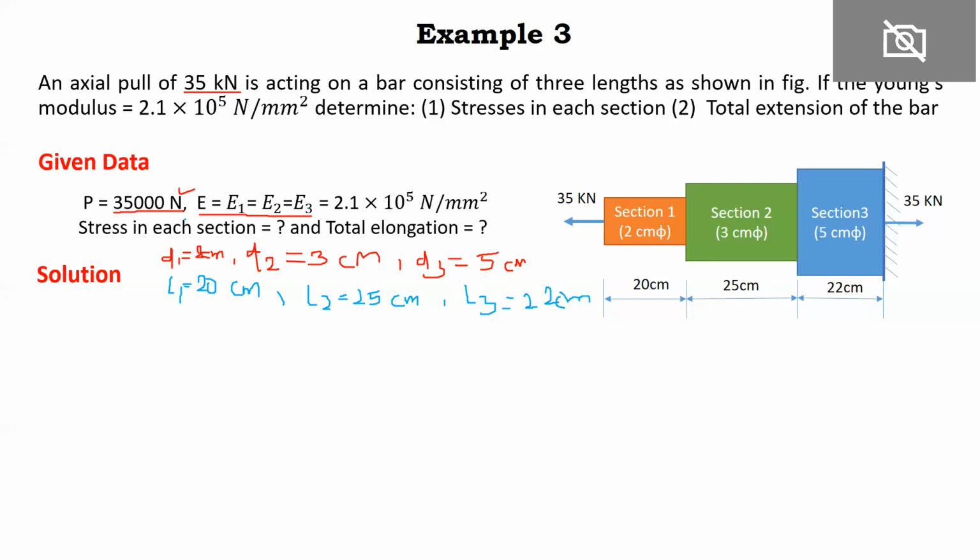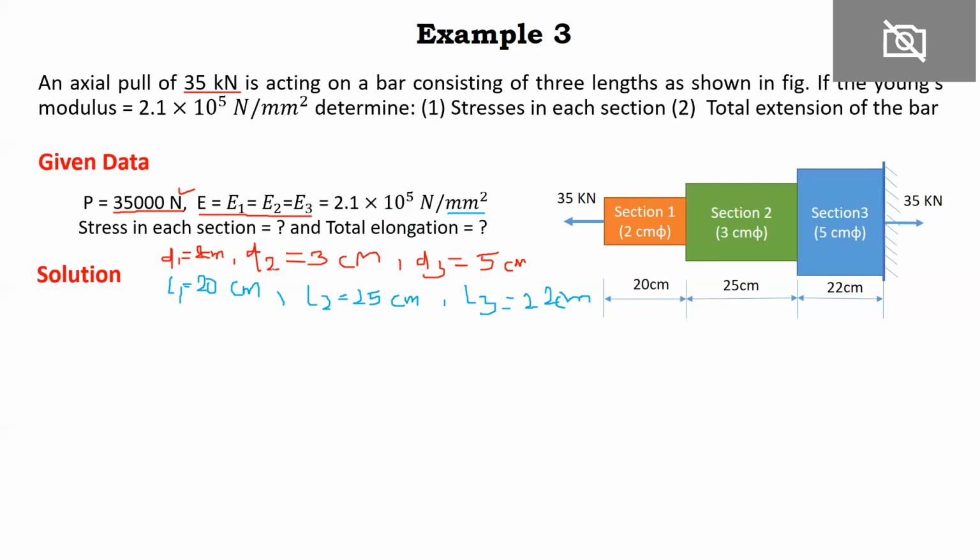See here, one more thing you have to remember. In the first data, P is written in terms of Newton and E is written in terms of mm. But here you see the diameter is in terms of centimeter. So whenever you are writing the given data, you write it in a single unit. So here you are representing in terms of mm.